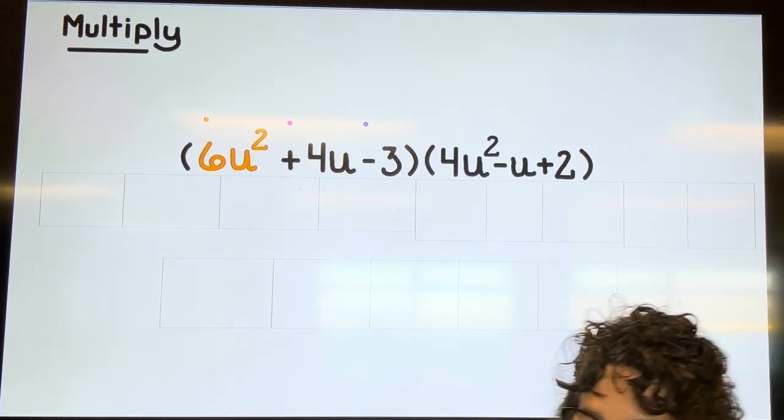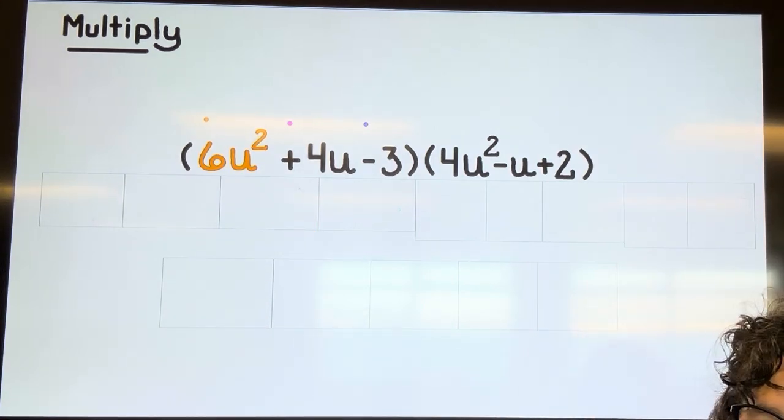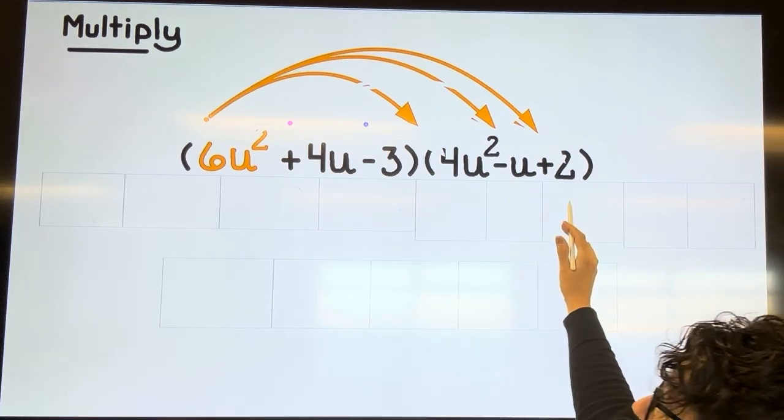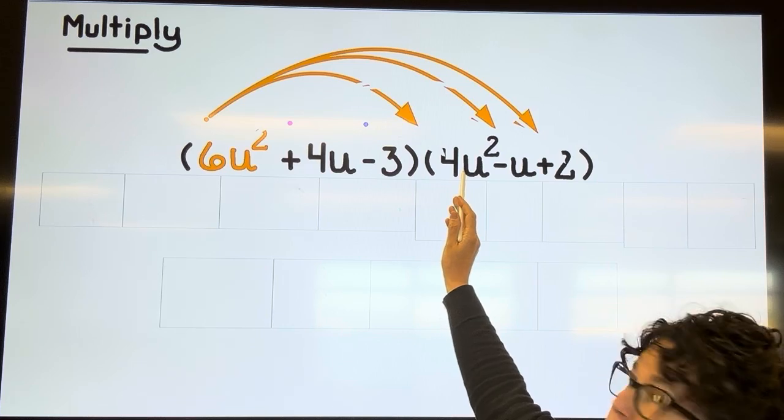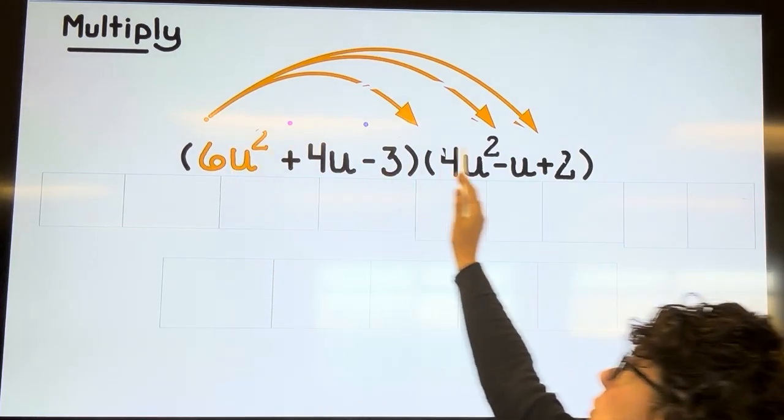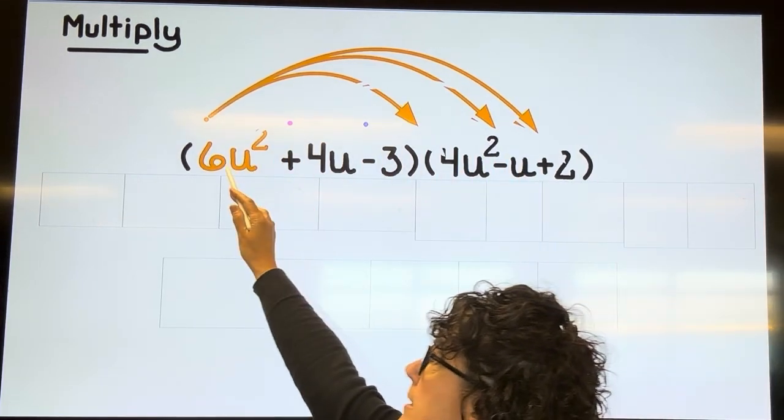And I want to distribute that all the way through.